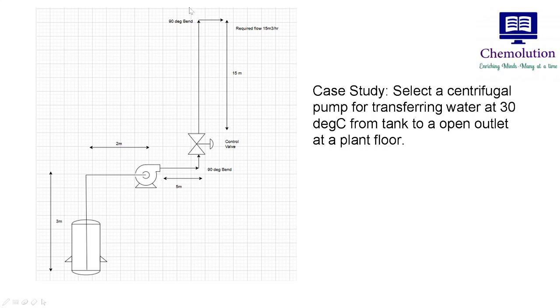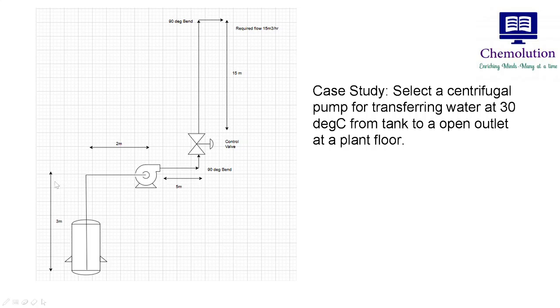This pump is expected to deliver a flow rate of 15 meter cube per hour at this point, which is located at 15 meter in elevation from the high point of the pump. You can consider this 15 meter from this point up to the high point of the pump.